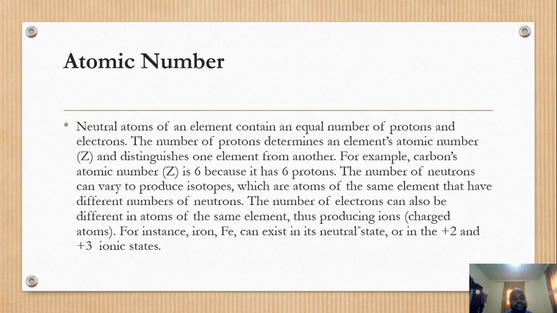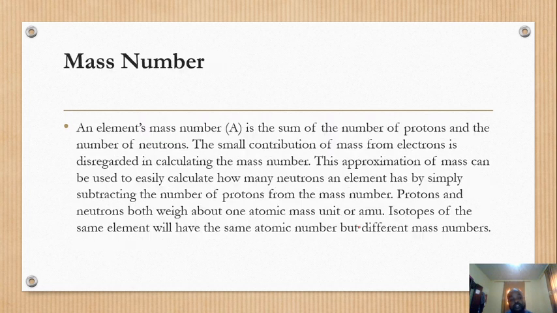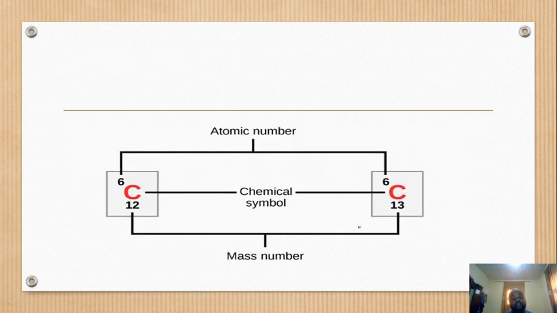Atomic number. Atomic number is just the number of protons. We don't need to stress this. Mass number is the number of protons and the number of neutrons put together. The number of protons plus the number of neutrons added is the mass number. So this is the atomic number.